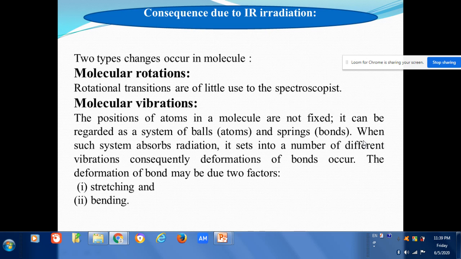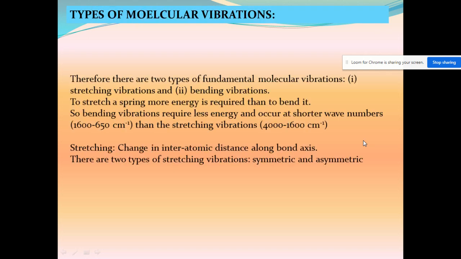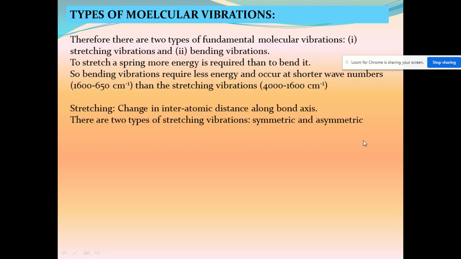It can be regarded as a system of balls like atoms and springs like bonds. When such system absorbs radiation, it sets into a number of different vibrations. Consequently, deformation of bonds occurs. The deformation of bond may be due to two factors. Number one, stretching, and number two, bending.